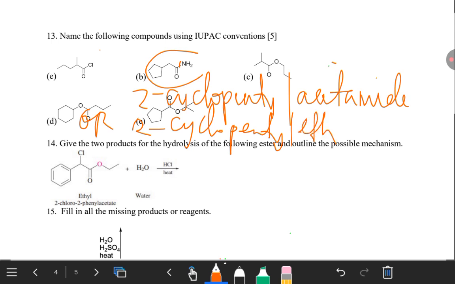It is ethane, so we're just going to add amide, so ethanamide. So you can also call it like that for this structure. Let's look at the third one.